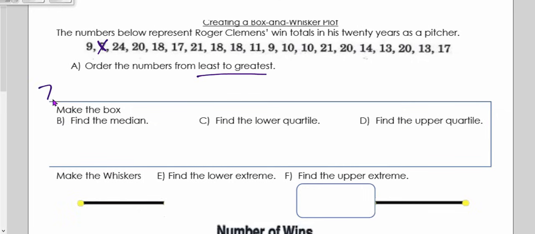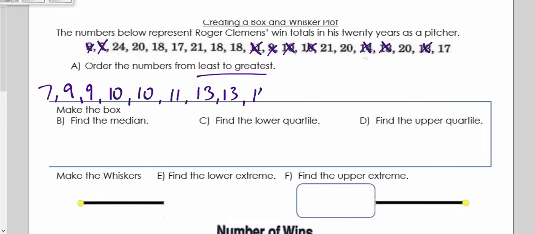7 is my smallest. And then I have 2 9s. I think I have 2 10s. Just the 1 11. 2 13s, a 14. 2 17s. 3 18s.